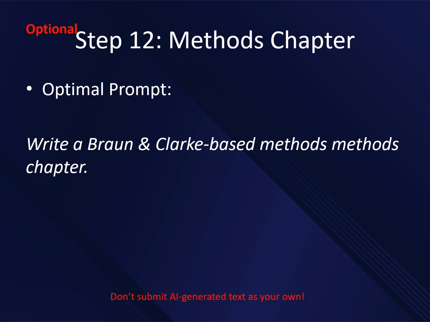This step is also optional and is for those who want to get some ideas of what should be included in their methods chapter. Use the prompt, "Write a Brown and Clark-based methods chapter." Once again, anyone submitting their research work to the university or to a journal should read carefully the policy on the use of AI.